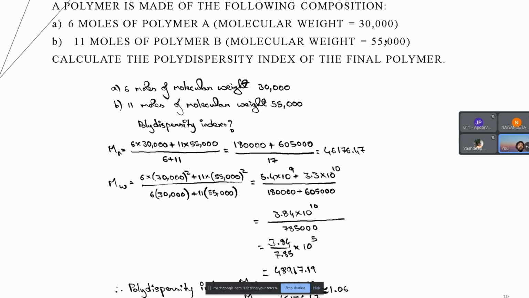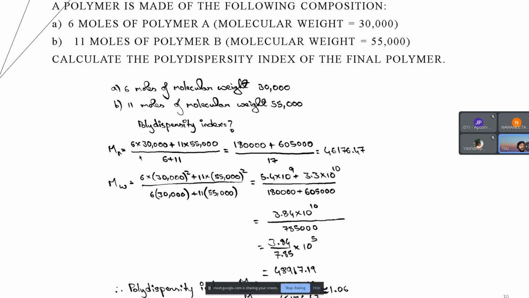But let's look at how one would go about solving this problem. As someone was suggesting, you have 6 moles of polymer A of molecular weight 30,000 and 11 moles of polymer B of molecular weight 55,000. So 6 times 30,000 plus 11 times 55,000 over 6 plus 11 will give you the number average of the final polymer mixture.